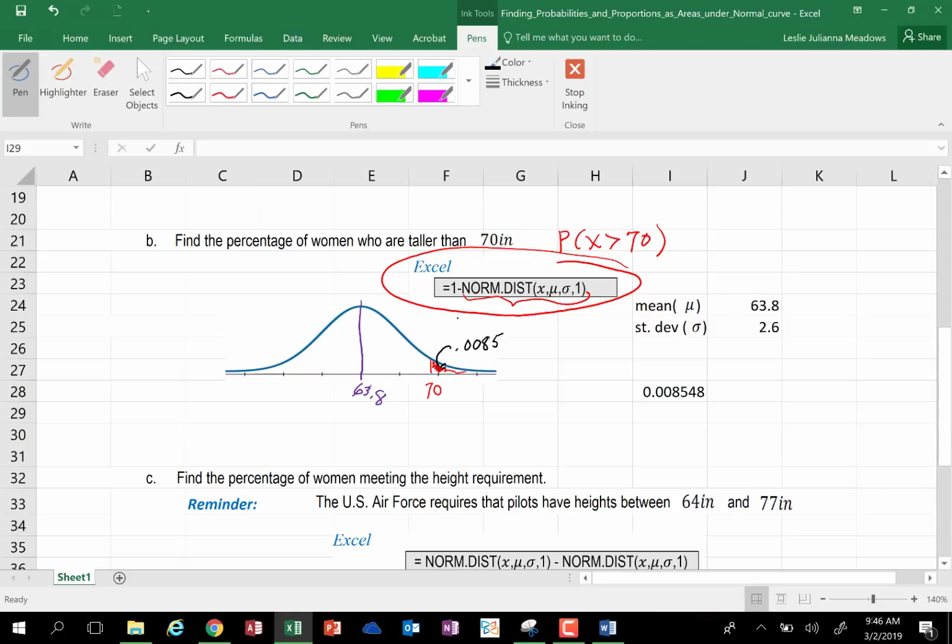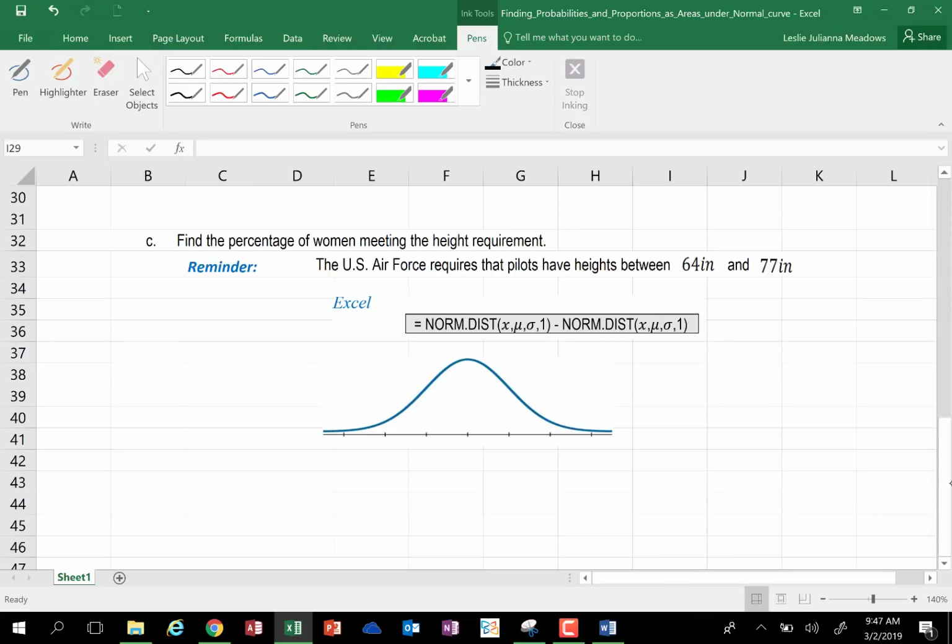Let's now look at a problem where we actually want to find the area in between two data values. Part C says find the percentage of women meeting the height requirement. Well, let's remind ourselves that the U.S. Air Force requires the pilots have heights between 64 and 77 inches. Let's label that on the normal curve.